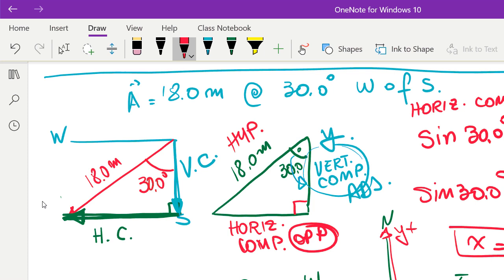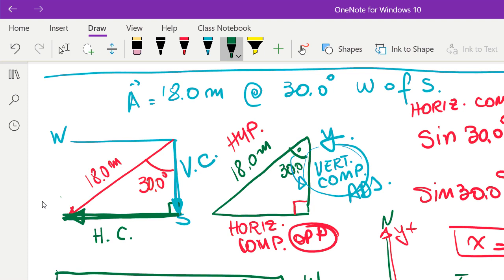So when we have a component that heads toward the west, it will be negative.